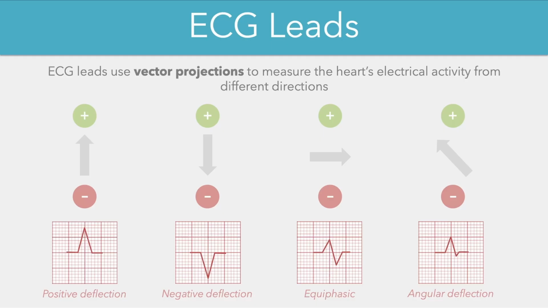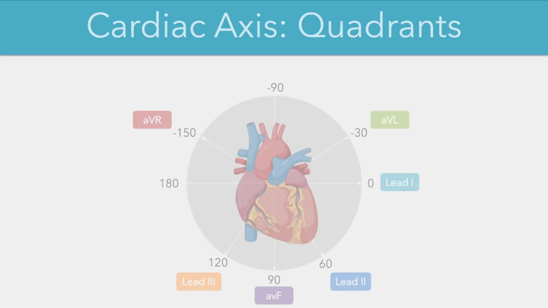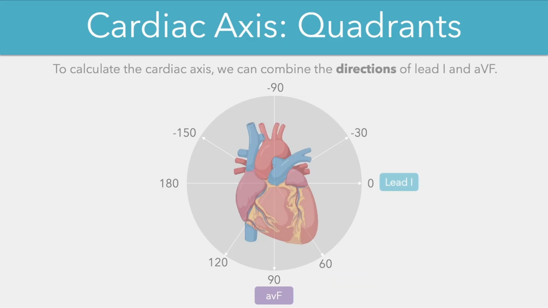Keeping these principles in mind, let's take a look at how we can calculate the cardiac axis by combining different leads together. With the quadrant method, the main leads that we want to take a look at are leads 1 and AVF. If we take a look at lead 1 first, this will essentially tell us if the axis is towards the left or the right.